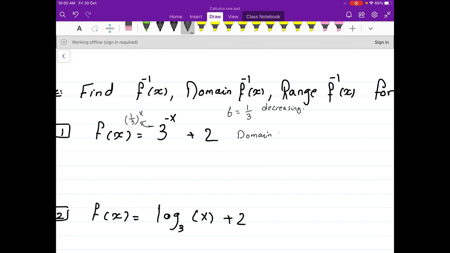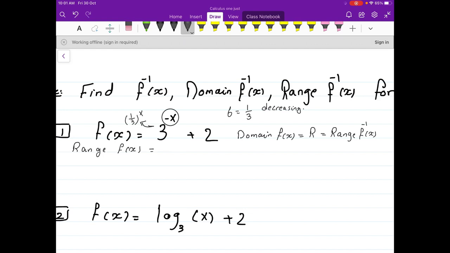What is the domain? The domain for f of x, the domain of the exponent, equals R. And this is the range of f inverse. Now, what is the range of f of x?